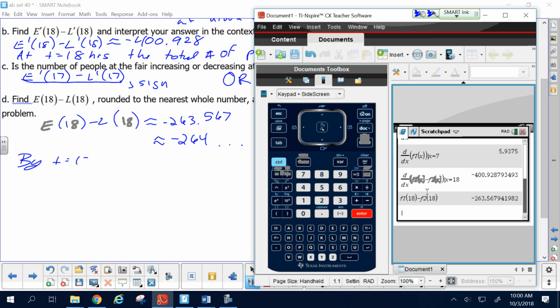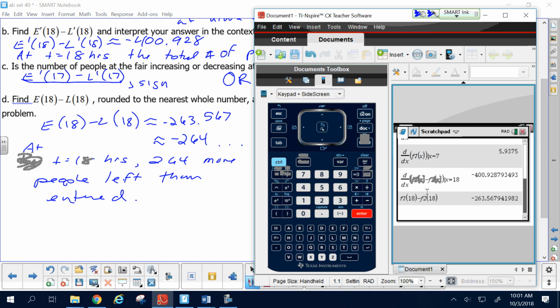By time equal 18 hours, what has happened? 264 more people have left than entered. The difference between how many left and entered is 264. Left is bigger, which is why it's negative, so more people left.